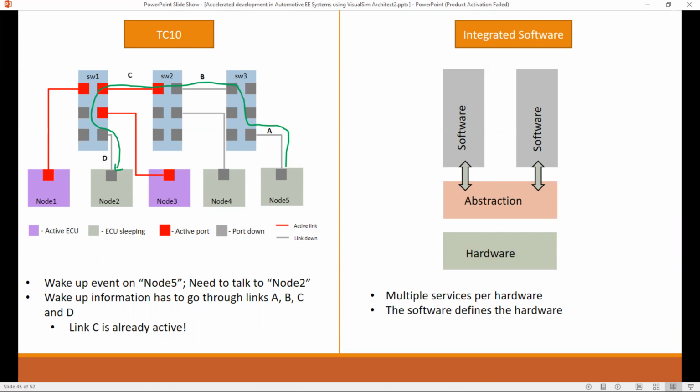There are timing requirements that need to be maintained. So these are some of the work that is in progress, and also the integrated software, where we can enable multiple services per hardware, and the software is what actually defines the hardware. Based on the software requirements, we will have to update the hardware configurations. So this will be available and added to the tool in the next release.